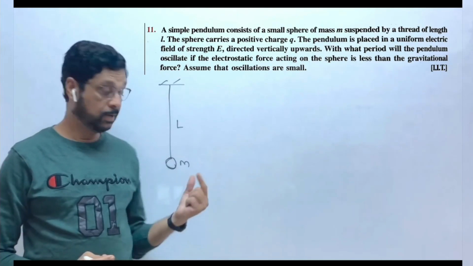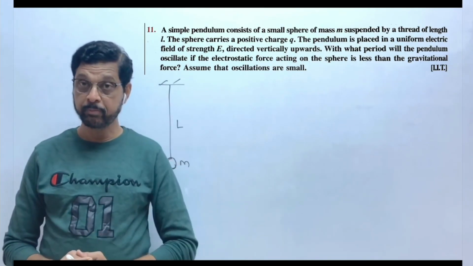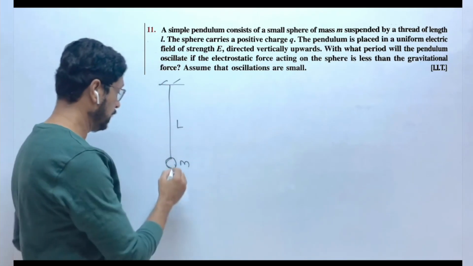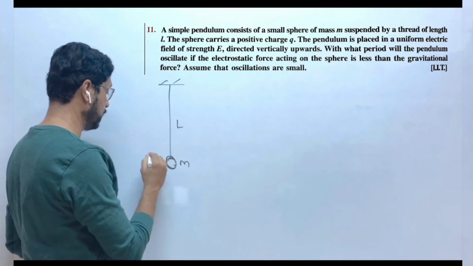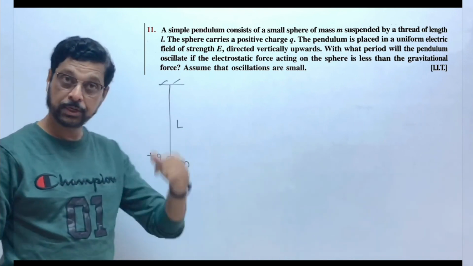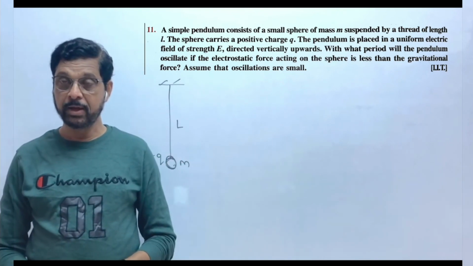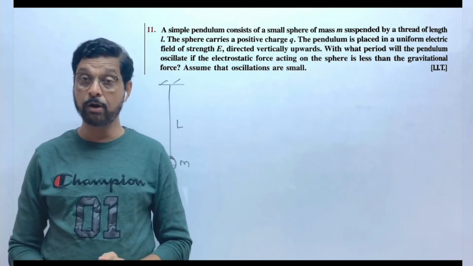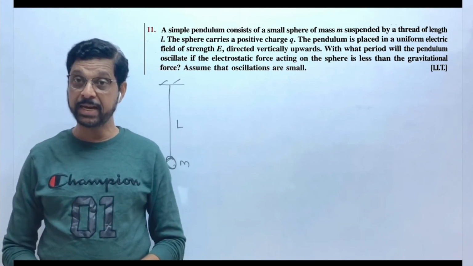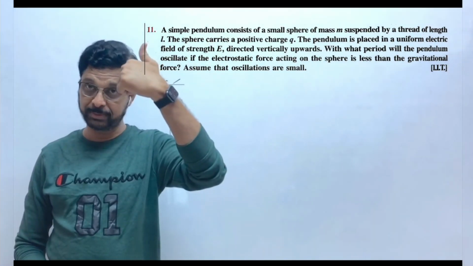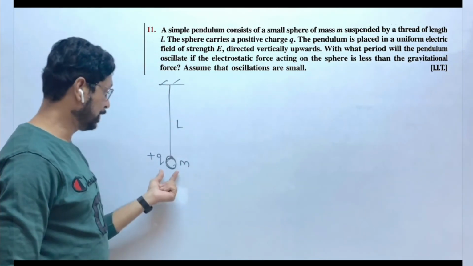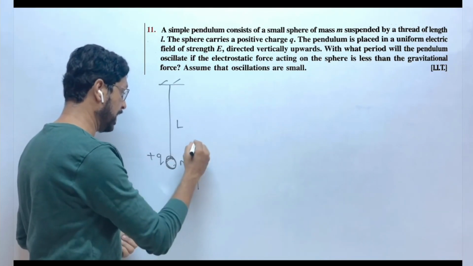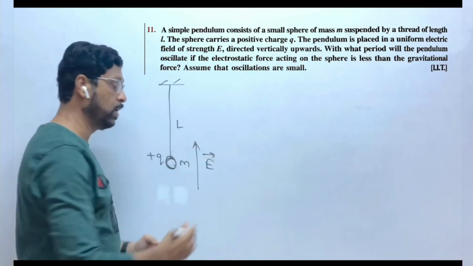The sphere carries a charge q, positive charge q. इस sphere पर there is positive charge plus q. The pendulum is placed in a uniform electric field of strength E, directed vertically upwards. This sphere is kept in a uniform electric field which is directed upwards.